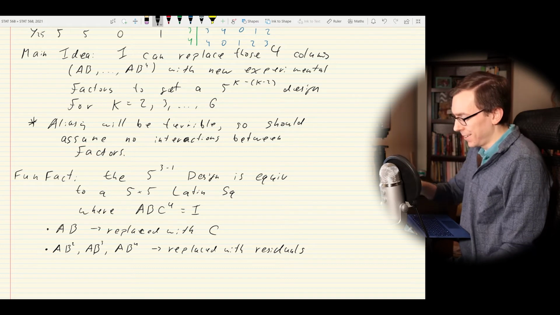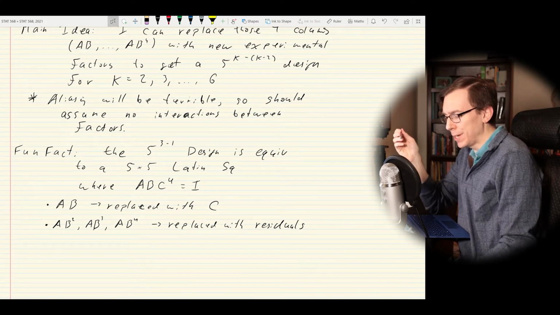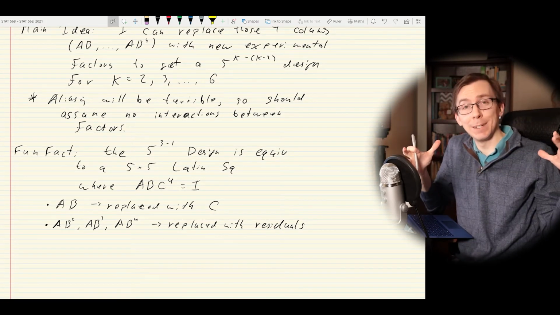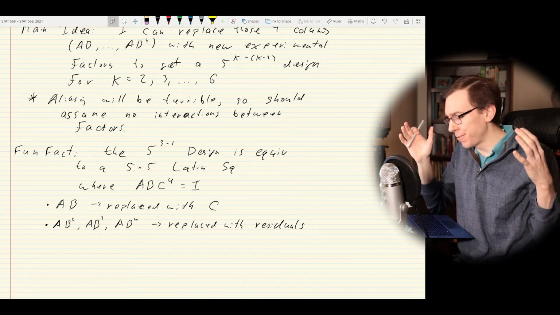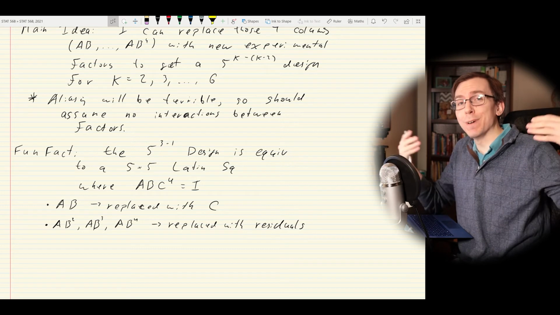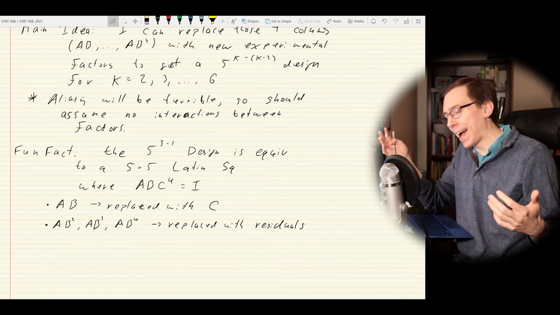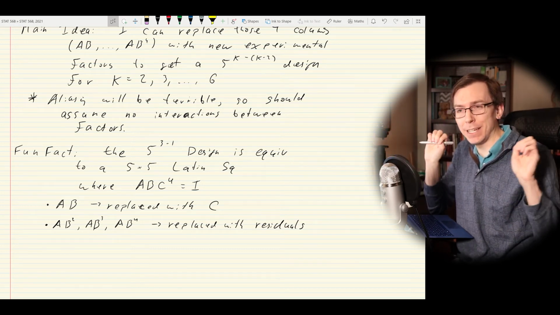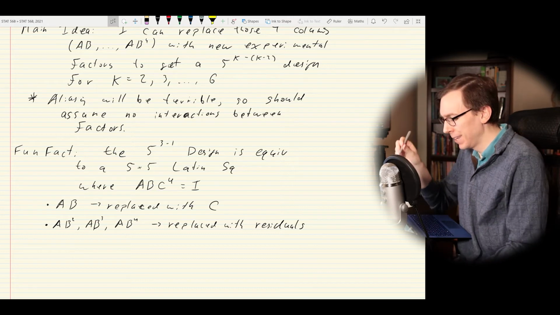So this is our Latin square design, where we would take one of those columns and it would become our new experimental factor C. And then the other 3 columns, we're assuming there is no interaction, so those columns can just be thrown into the residuals.